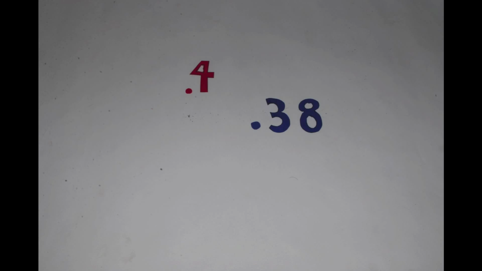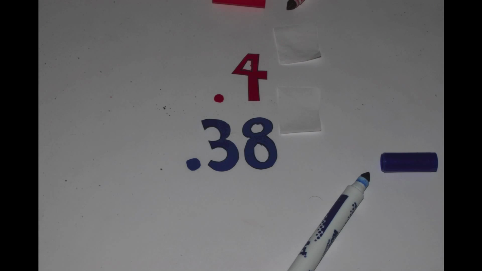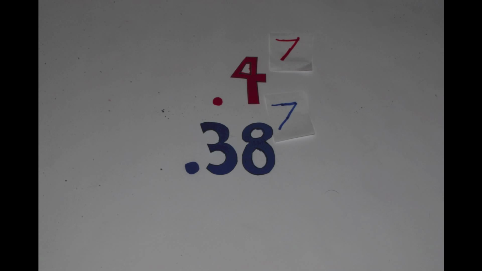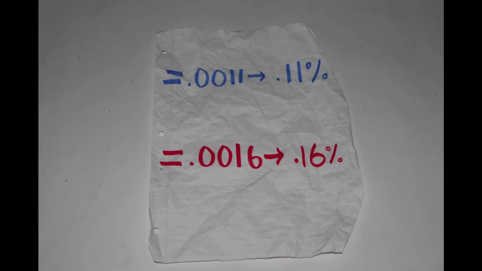To find the probability of all losses, you would just use the losing probability and multiply it by itself 7 times as well. This would give you 0.11% for the good guys and 0.16% for the bad guys for the probability that they would lose all 7 games.